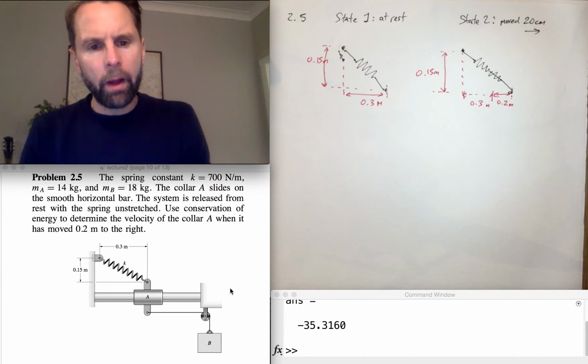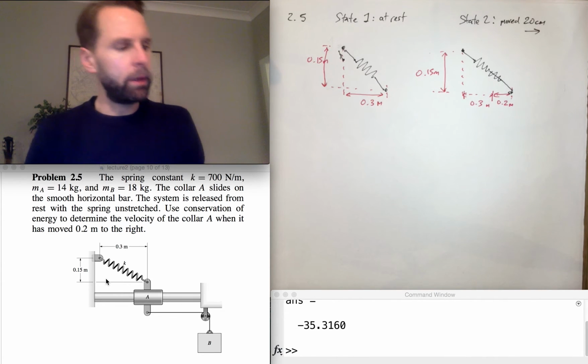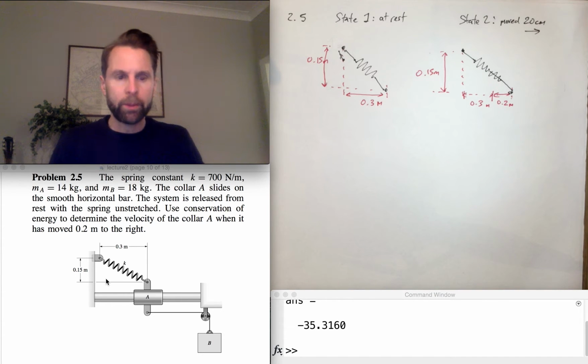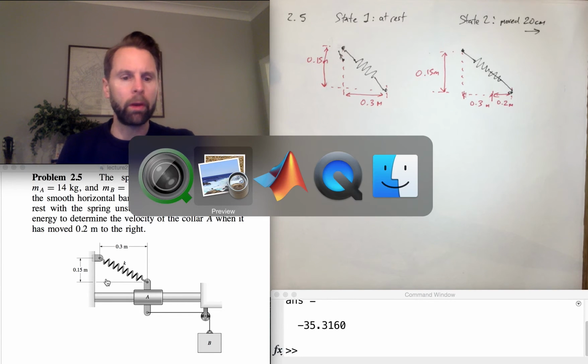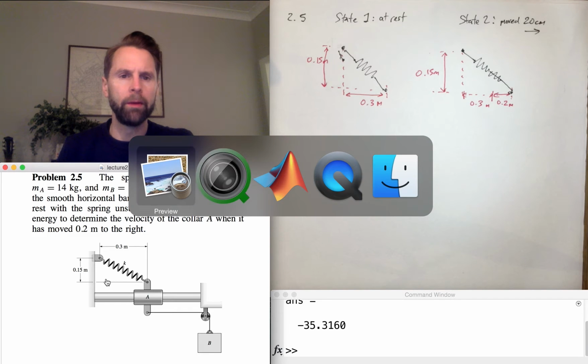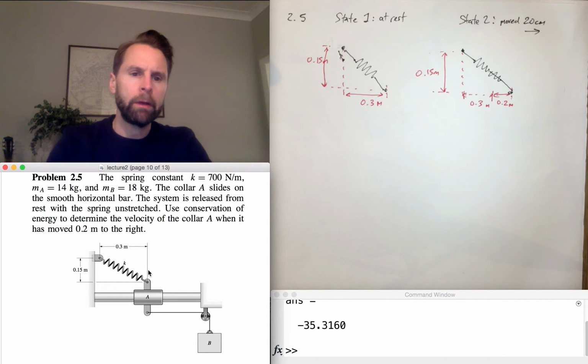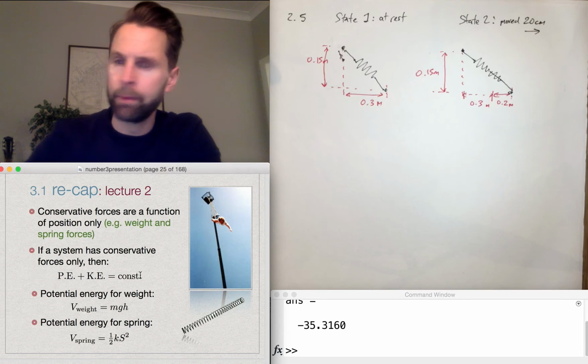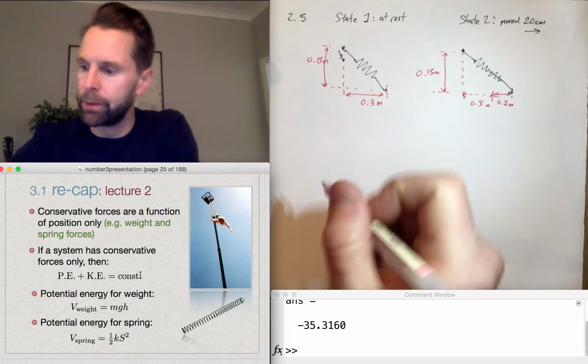So in this system, there are only conservative forces, the spring force and gravitational force. So that means we can look at lecture 2 and use our expression for potential energy plus kinetic energy as constant and evaluate that at the two states.